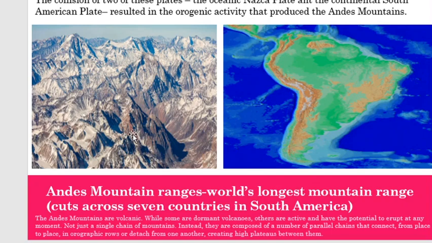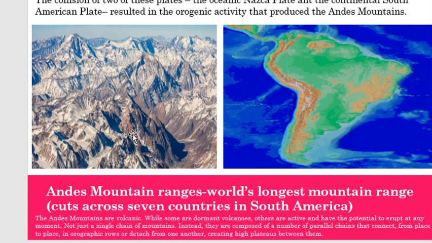The Andes Mountain range is the world's longest mountain range, which cuts across 7 countries in South America. So could you imagine how long is that mountain range? This mountain range is actually not just an ordinary mountain range, they are volcanic in nature.